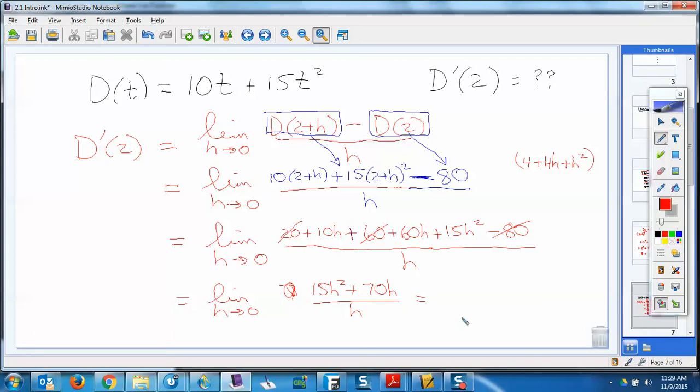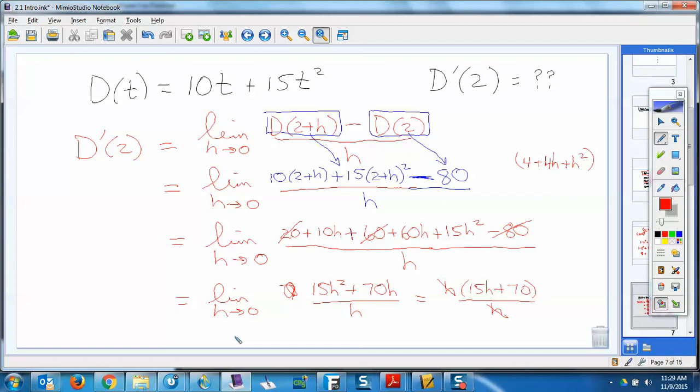I'm going to show it as factoring out an h, and we get 15h plus 70, because sometimes when we cancel, we do some goofy things we're not supposed to. But it would have been possible to just know we're going to divide each of those by h, and we would end up with 15h plus 70.